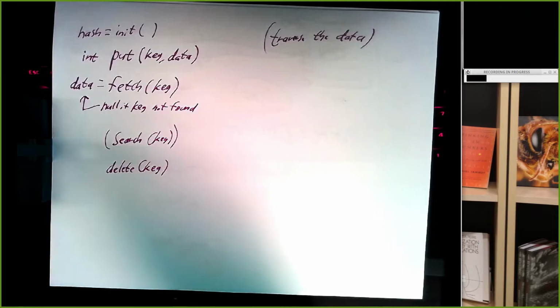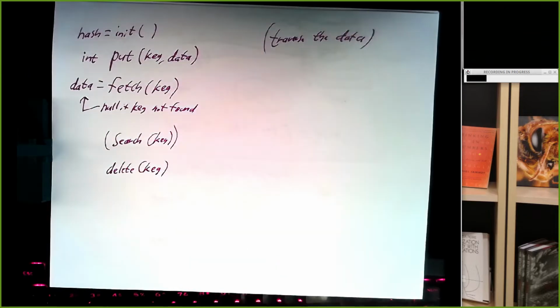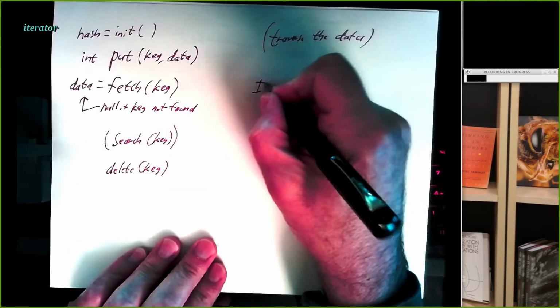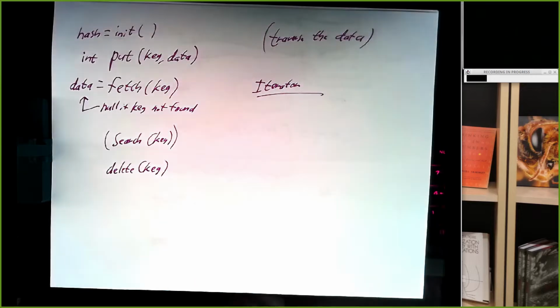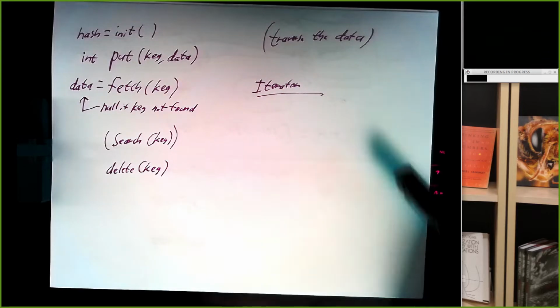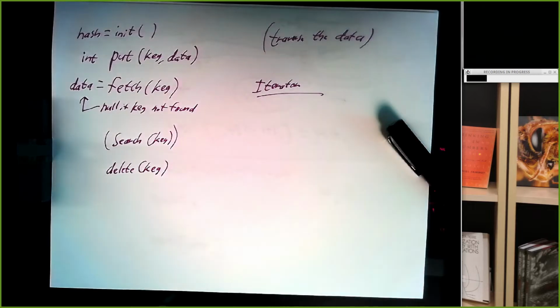And so with hashes, we're going to introduce a concept called an iterator. We can always have an iterator for any data structure we make. The idea of the iterator is it's a way to systematically request one piece of data from your structure, one at a time, such that you eventually access all the pieces of data without any repetition.